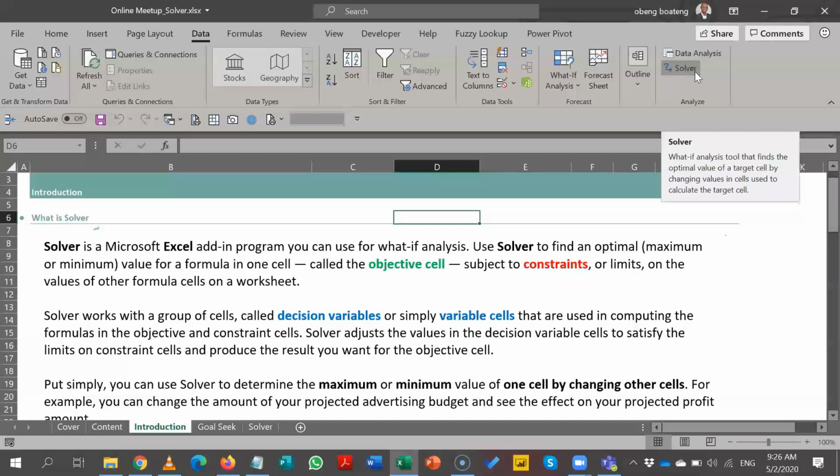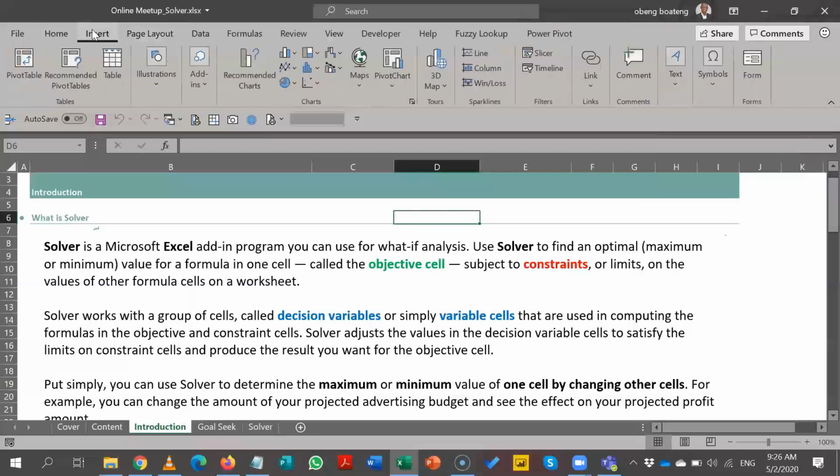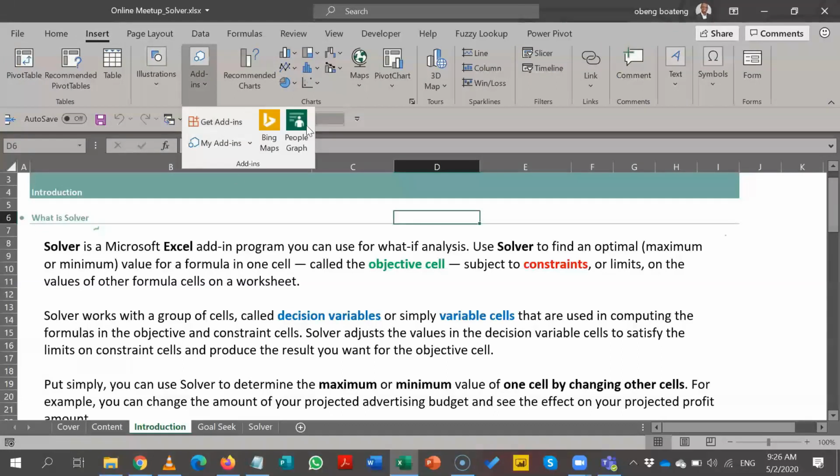So there are lots of add-ins. Actually, beyond Solver, there are extra add-ins that you can play with. If you are using a very current Excel, when you go to Insert, you see there's a whole window shop for adding extra elements in Excel.